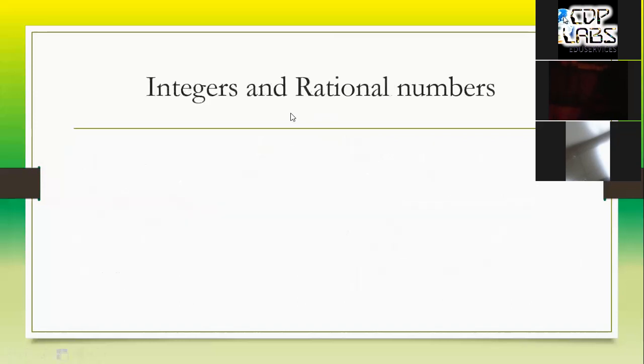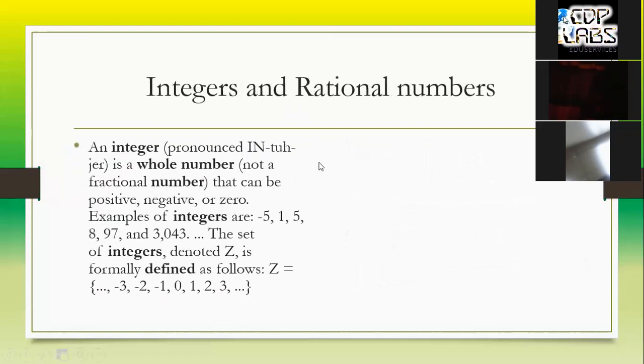We're looking at integers now. Cheryl, can you read that one for me, please? An integer is a whole number, not a fraction, that can be positive, negative, or 0. Examples of integers are -5, 1, 5, 8, 97, and 343.